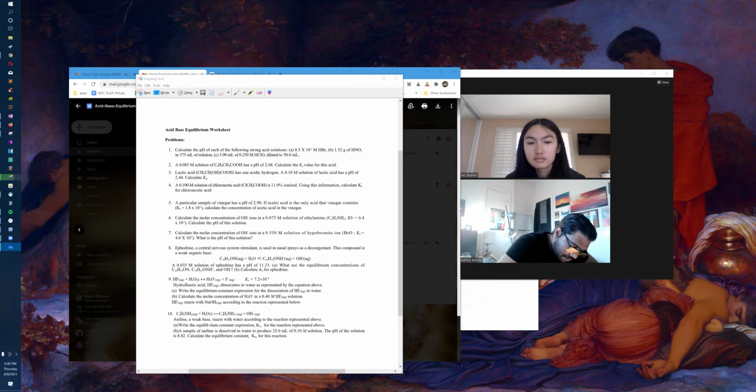And so if that is the H plus concentration, what is this going to be if we use this method? It would be 2 minus log 4.19, and then that would be 1.38. Yep. That's not too bad, right?